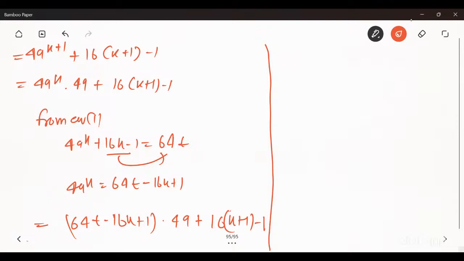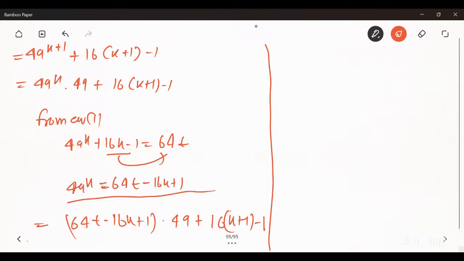Okay, now what we have to take, we can take it as 49k minus 1, k plus 1. So 49k plus 1 is equal to 64t minus 1.